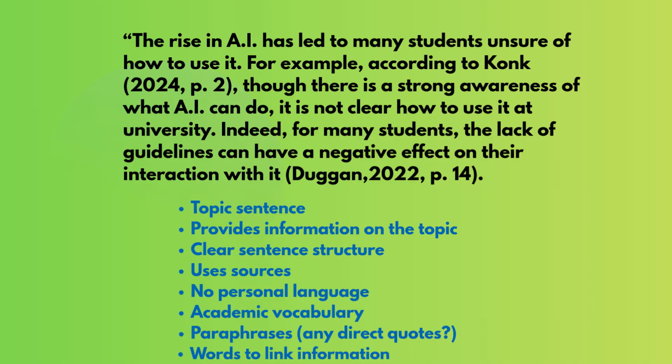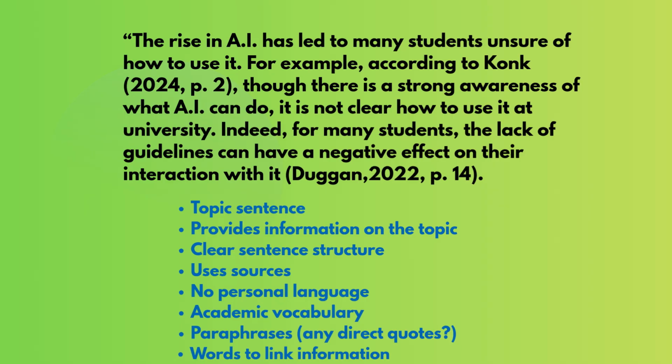Do we use sources? Yes, we've got Conk and we've got Duggan. Okay. Notice these are integrated differently. The way they're written is because they are part of the sentence. So Conk is written as an integral citation, so he or she is important to the actual meaning of the sentence.